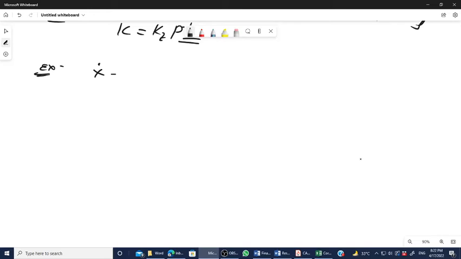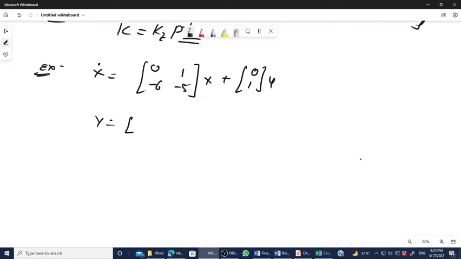Let's say we have one dynamic continuous time system represented like this: A equals 0 1 minus 6 minus 5, x plus B equals 0 1 times u, and y is equal to 2 1 times x. The desired closed loop pole location is given, that is s equals minus 3 plus minus j4.